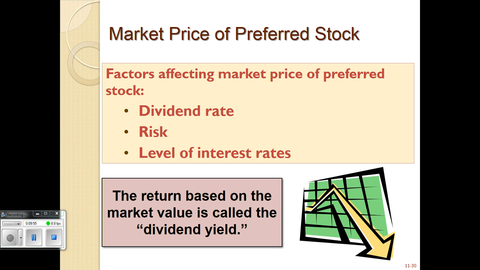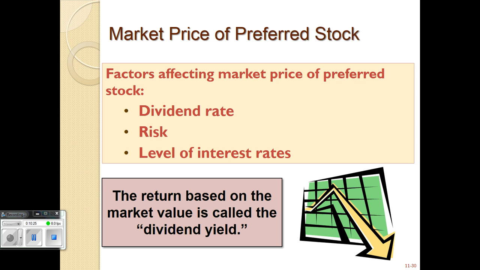Some things affect preferred stock, and I talk about this more in a finance class. The market value of a preferred stock is determined based upon its dividend rate, its risk, and the level of interest rates. You all have heard me say before, when interest rates go up, the value of bonds go down. Much the same happens with preferred stocks. When interest rates go up, the value of preferred stocks tend to go down, unless they're convertible into common stock, what have you.